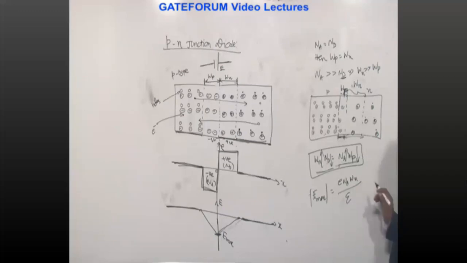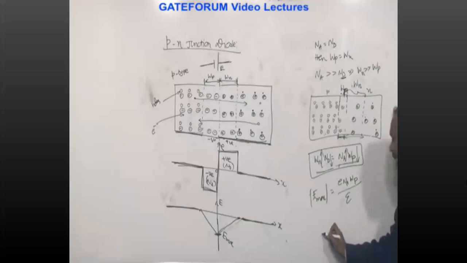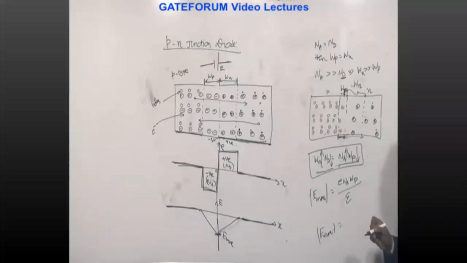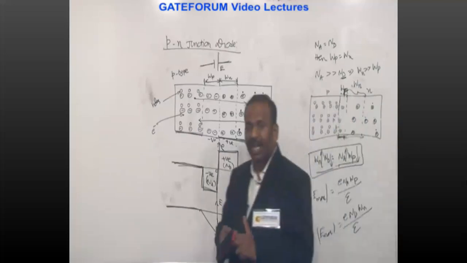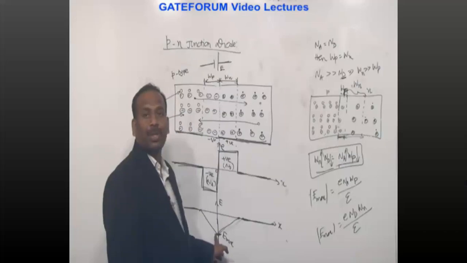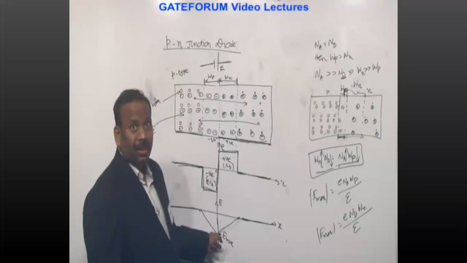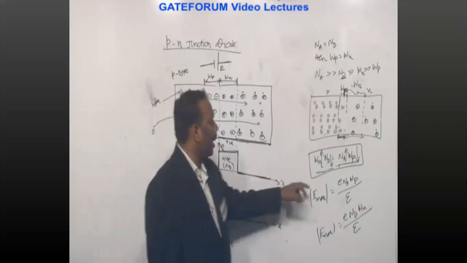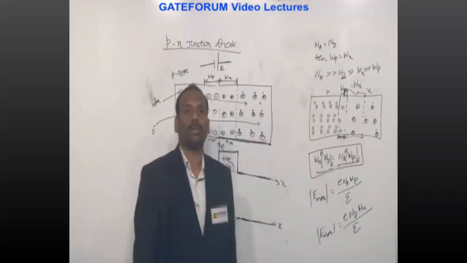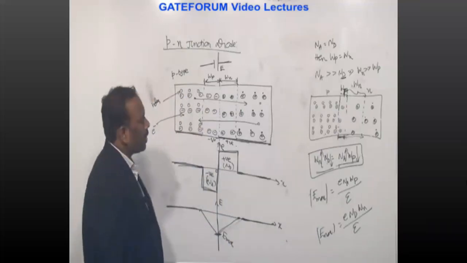Or, Na means it's Wp, so the maximum electric field in terms of Na and Wp is Na Wp by epsilon, or Nd Wn by epsilon. Either this formula or this formula, that depends on the given data. The maximum electric field is at the origin, x equals 0, that's at the junction, and its value is given by E Na Wp by epsilon or E Nd Wn by epsilon. Okay. Next point.